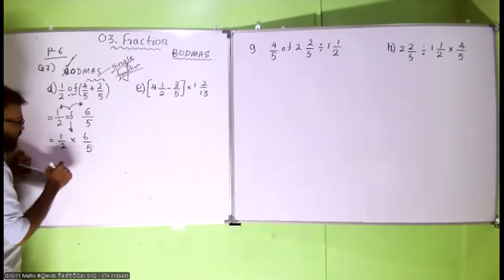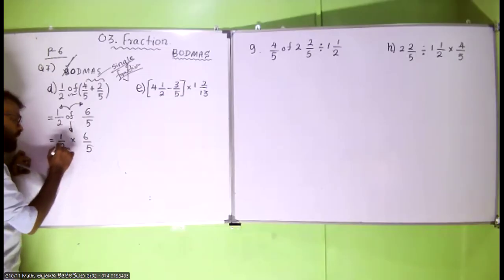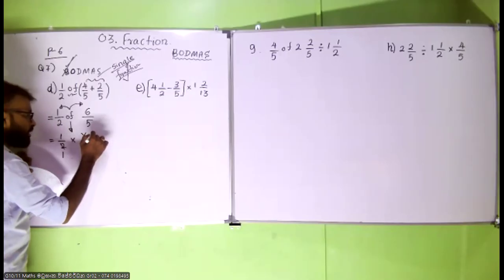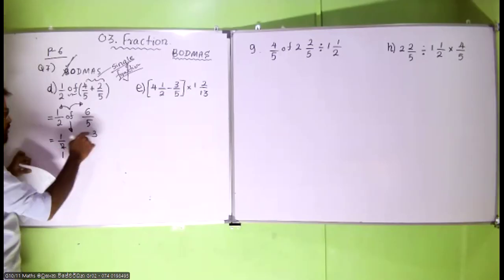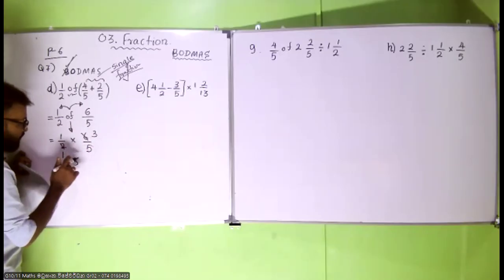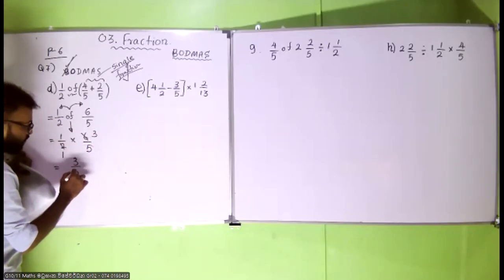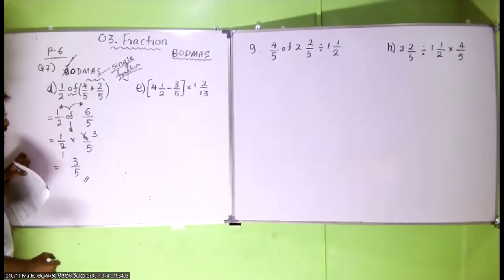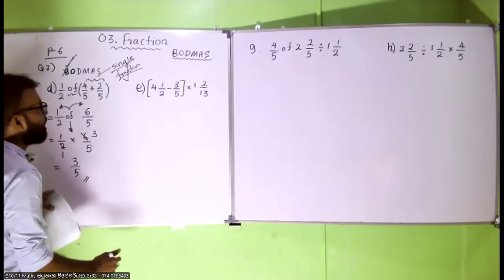You can simplify numerators and denominators furthermore. 2 times 1, 2 times 3. 1 times 3, 3. 1 times 5, 5. 3 upon 5. Done.